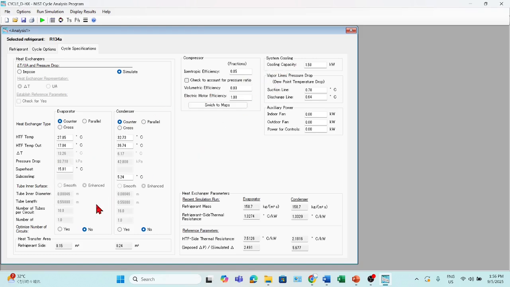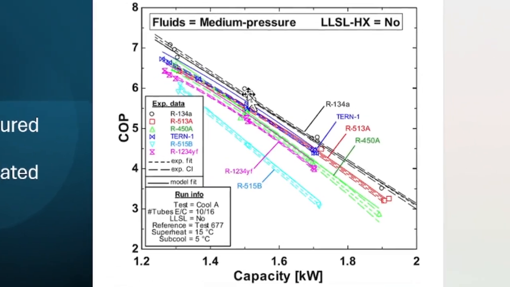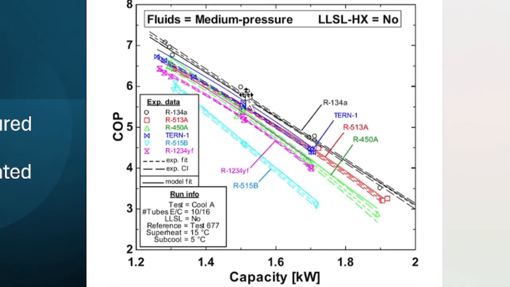But just to see and compare it with this article, we can see that it has validated this baseline R134A, and then it has run it with the different refrigerants and compared their COP and capacity values.